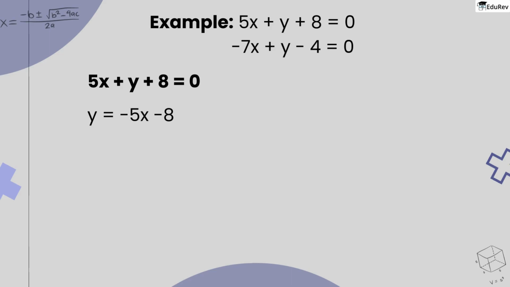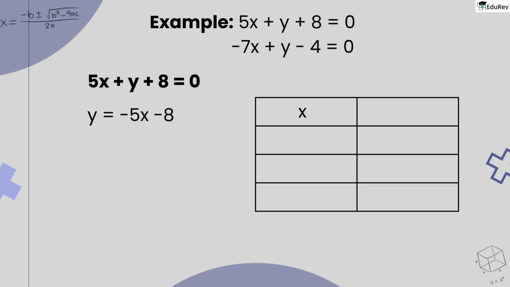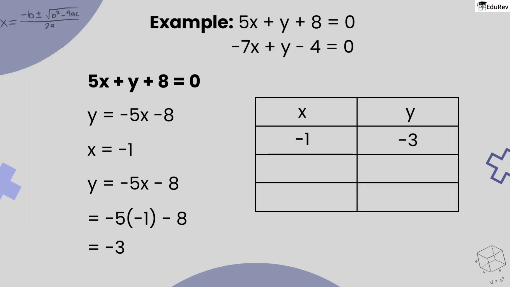To draw this, we take different values of x and get the values of y corresponding to them. For x equals minus 1, we have y equals minus 5x minus 8, which is equal to minus 5 into minus 1 minus 8, which is equal to minus 3. We get minus 1 comma minus 3 as our coordinates.